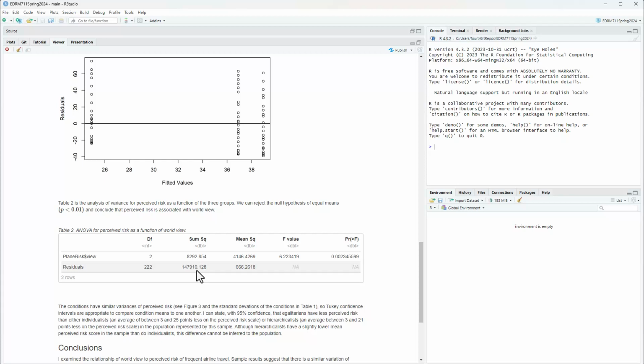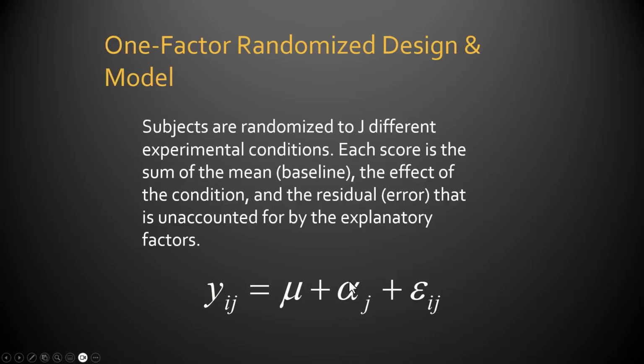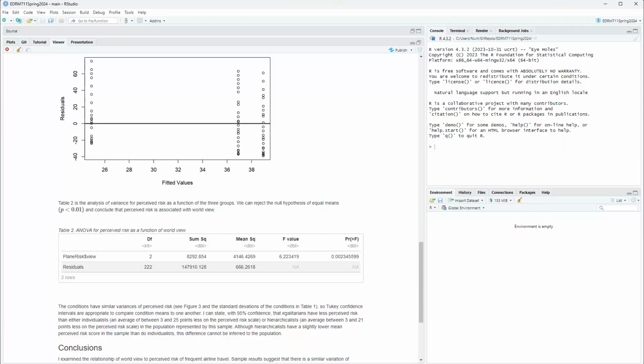Rather, the omnibus null hypothesis says there are no effects. All those alphas in our model, all the alphas that we talked about right back here, there are three of them in this case, alpha 1, 2, and 3, for the three different worldviews. We're basically saying that each of those is equal to 0 is the omnibus null hypothesis.